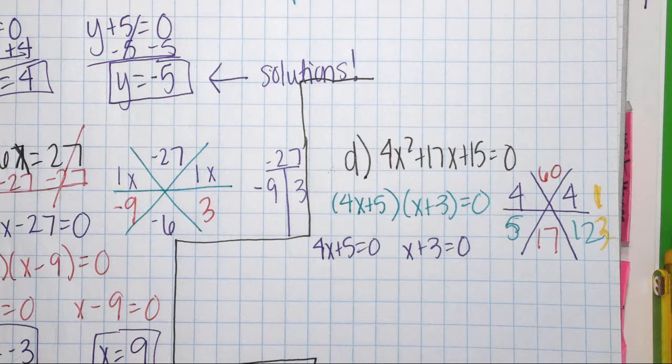What is this number? No. You subtract 5 here and then divide by 4. No. Because it's 4x. So minus 5, 4x equals. Yeah.